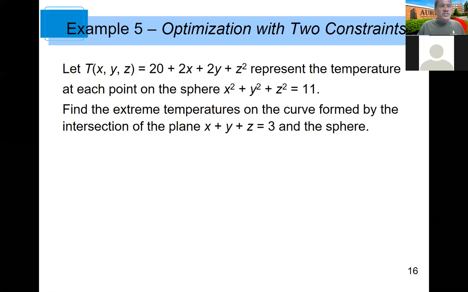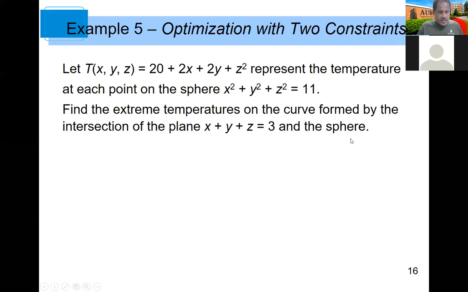The question is, find the extreme temperature on the curve formed by the intersection of the plane x plus y plus z equals 3 and the sphere.